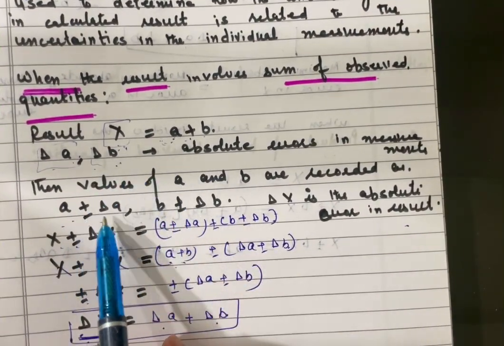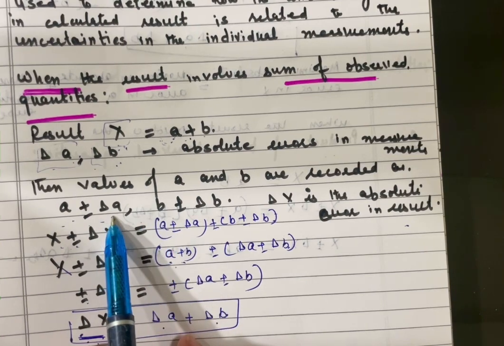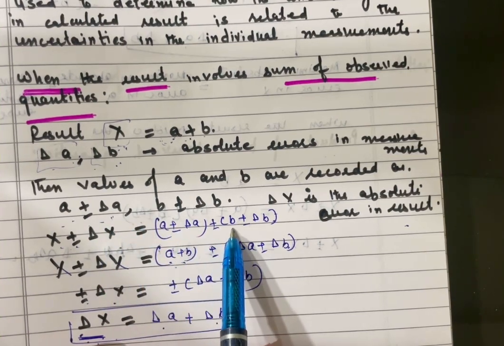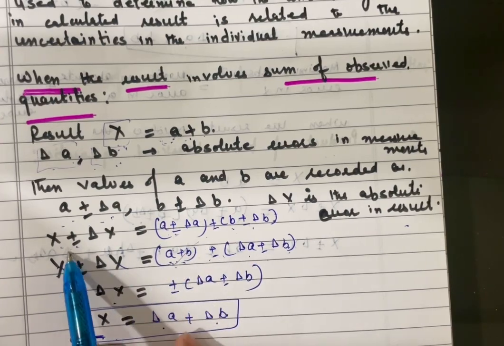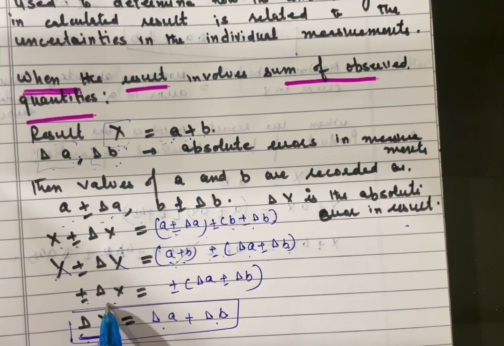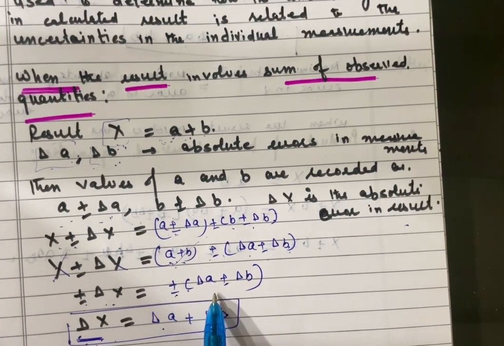A is A plus delta A, because delta is absolute error, and B is B plus delta B. When we add these two quantities, we get A plus B plus minus delta A plus minus delta B. A plus B goes with x, so we get plus minus delta x equal to plus minus delta A plus minus delta B. Or we can say delta x is equal to delta A plus delta B.